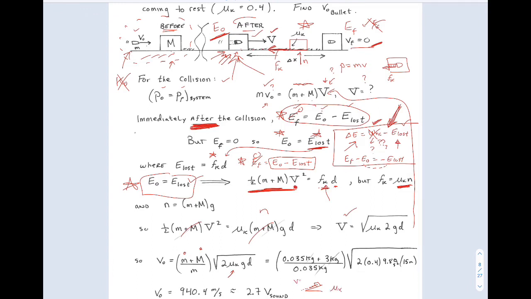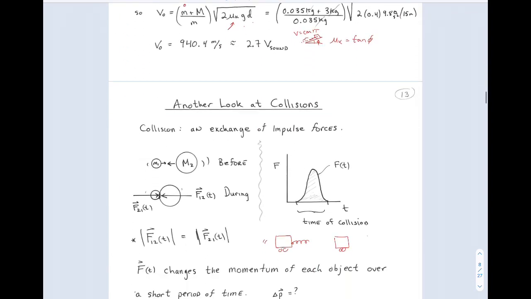Remember, if it went at constant speed, mu sub k was tangent of the angle that allowed it to move at constant speed. g we can measure, and I can measure the distance d. So, different geometry than a ballistic pendulum, but the exact same steps. Conserve momentum for the collision, conserve kinetic energy after the collision, all the way to where it stops moving. Well, I shouldn't say conserve energy. Use our energy expression. That's our energy expression.